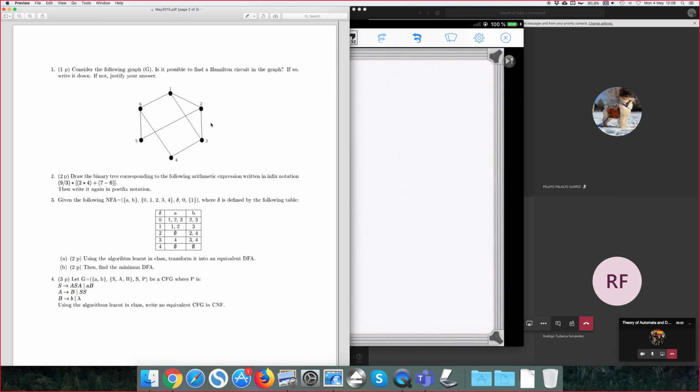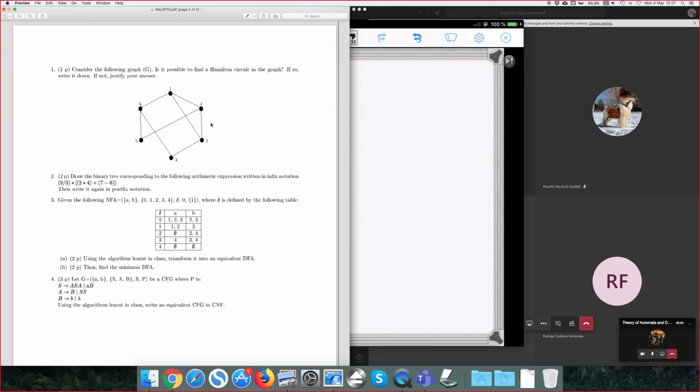Okay. So the first exercise is about Hamiltonian graphs and Hamiltonian circuits in graphs. Remember that I told you that finding or checking whether a graph has a Hamiltonian path or circuit is not easy.